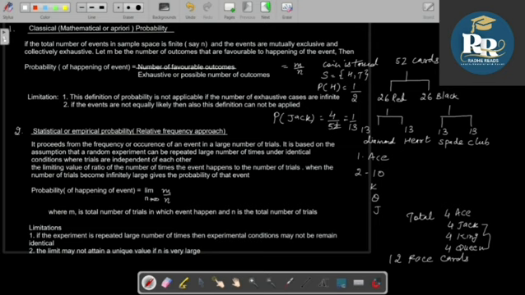So this approach is useful only when we have mutually exclusive and collectively exhaustive events, right? And second, this approach also needs the events to be equally likely. For example, in the coin toss, head and tail: equally likely events are those which have the same probability of occurrence.